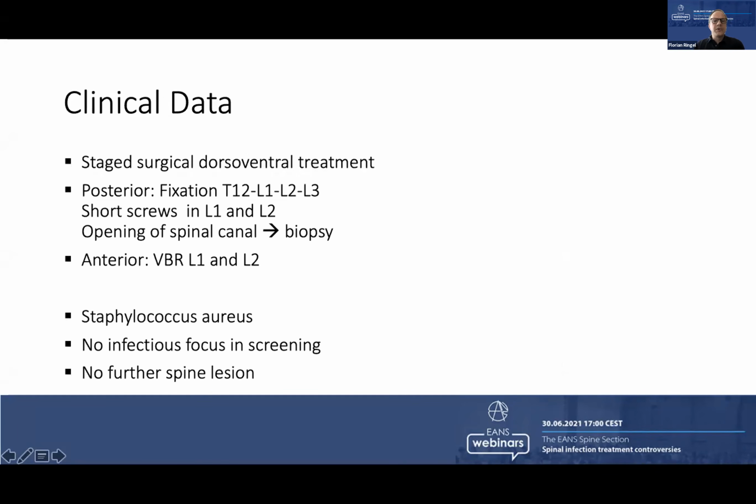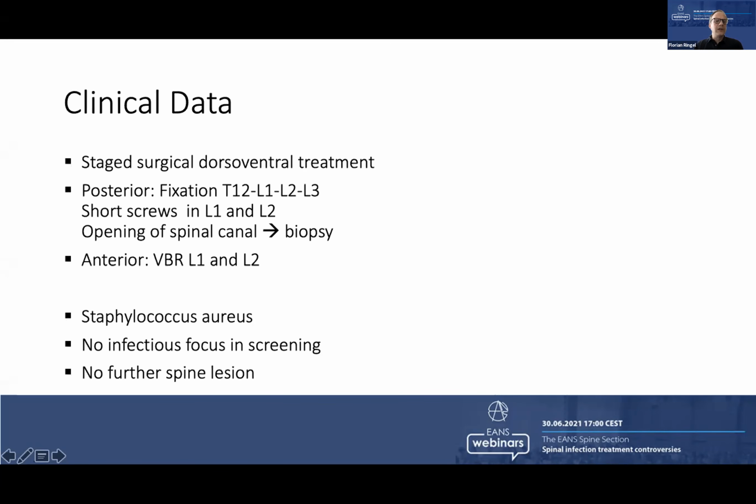As initial step, a posterior fixation from T12, L1, L2, and L3. We placed short screws in L1 and L2 in order to still have the opportunity for an anterior approach, open the spinal canal, get a biopsy. And as we decided early on that we're going to take this patient to surgery, we did not have CT guided biopsy or anything before the intraoperative biopsy.